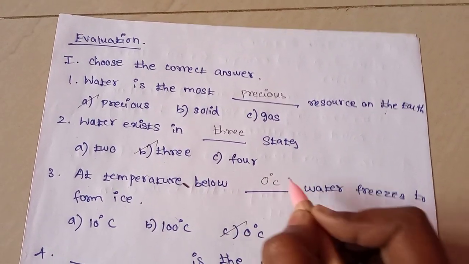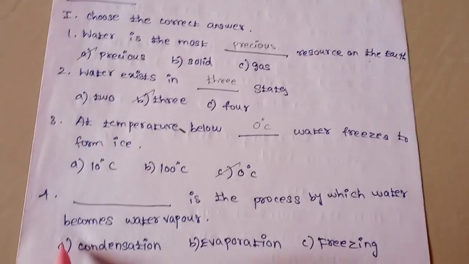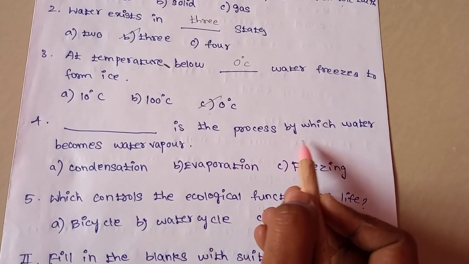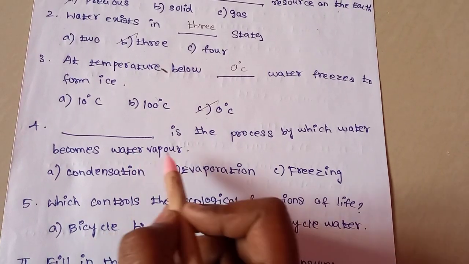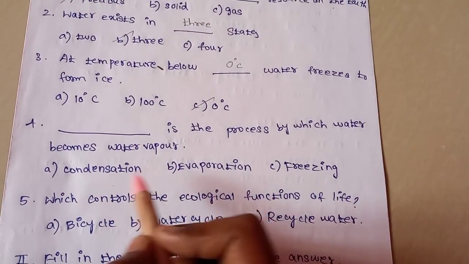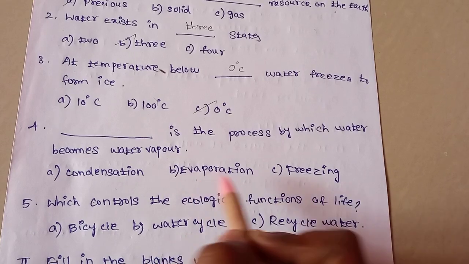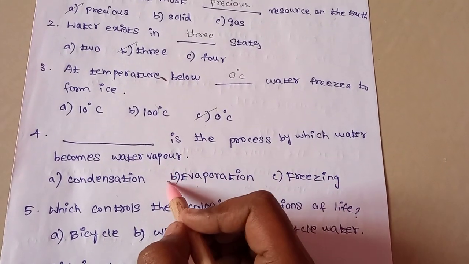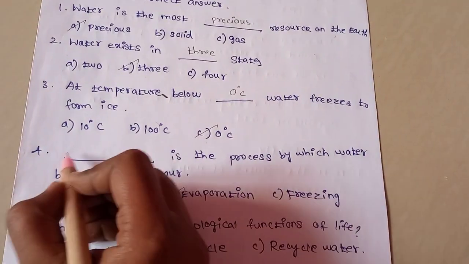Fourth one, dash is the process by which water becomes water vapor. A, condensation, B, evaporation, C, freezing. So option B, evaporation.